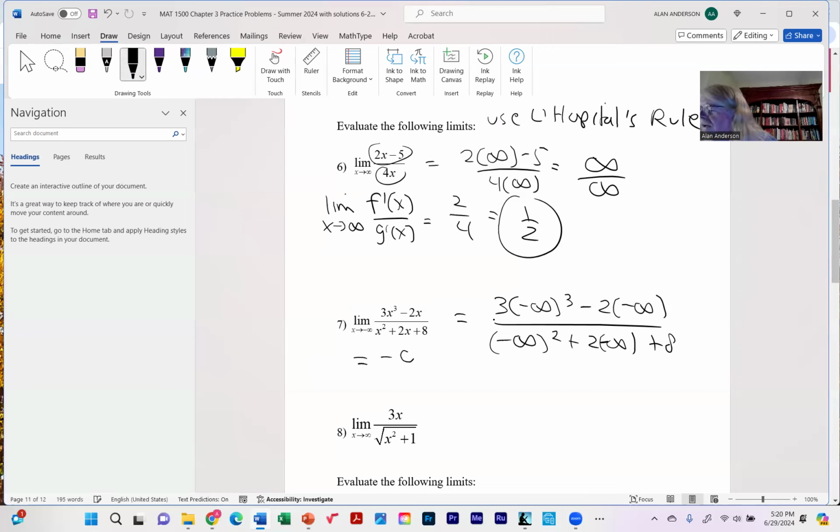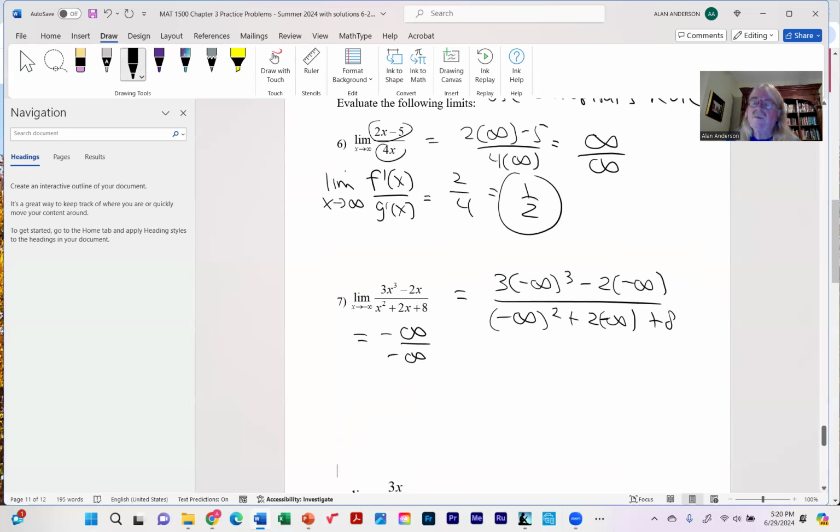By the way, we didn't specifically mention this in the slides, but negative infinity over negative infinity, we can also use L'Hopital's rule. I mean, when you think about it, the negatives do cancel each other out anyway, but just so you know that you can use L'Hopital's rule when it's negative infinity over negative infinity, as well as positive infinity over positive infinity.